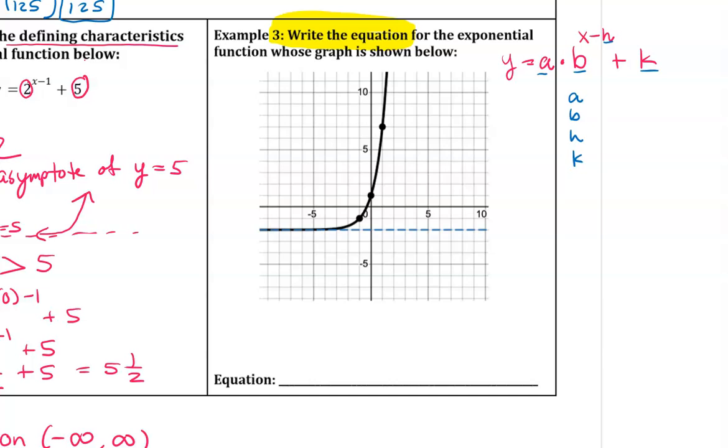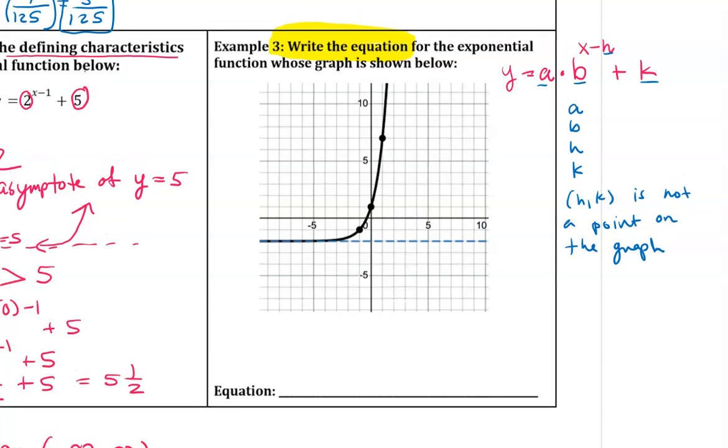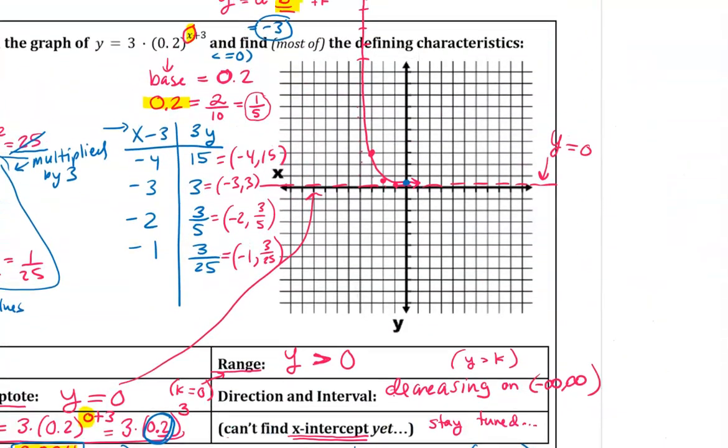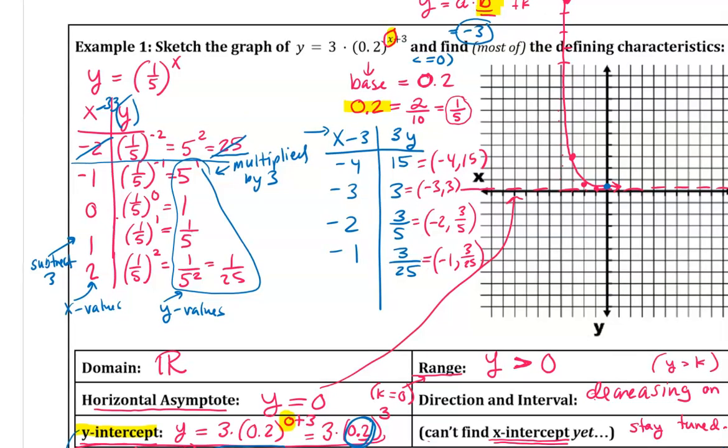Also, unlike the other graphs we've done, h and k is not an actual point on the graph. For example, let me go back up here to our graph from example 1. H and k for this was -3 and 0. That was our h and k.